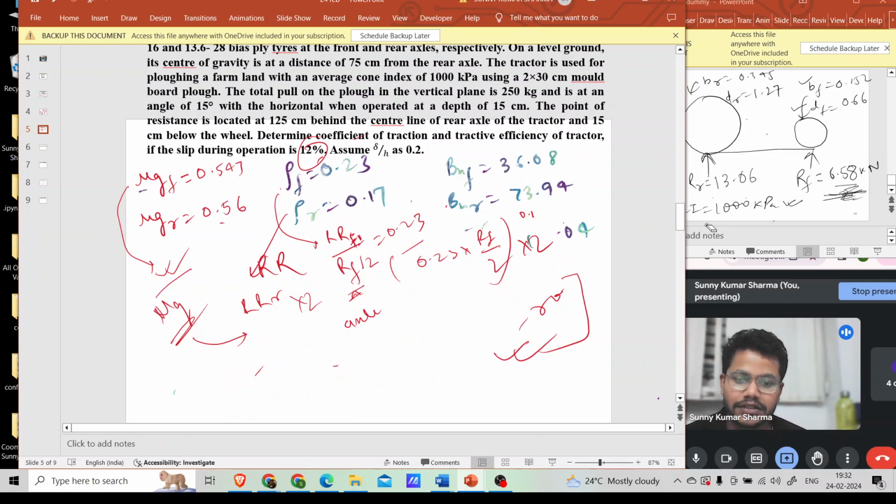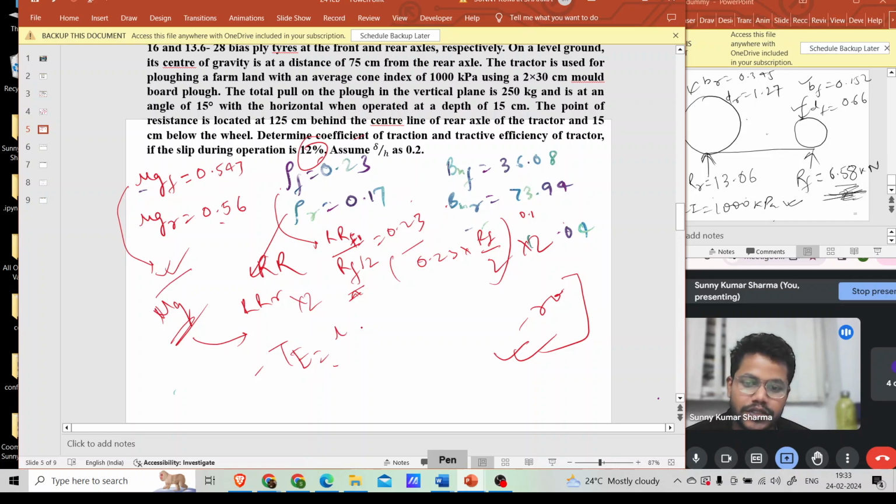And one more thing asked is what is tractive efficiency? I will tell you, you don't need to calculate. Tractive efficiency formula, do you remember? In terms of mu and mu g, that is the universal, general formula.